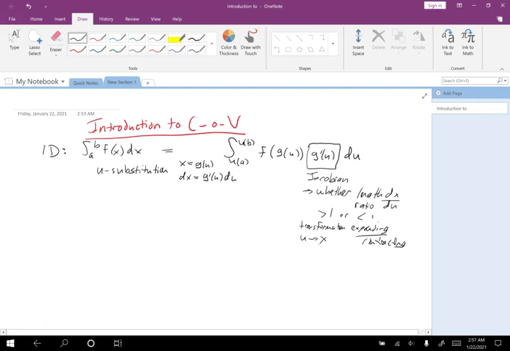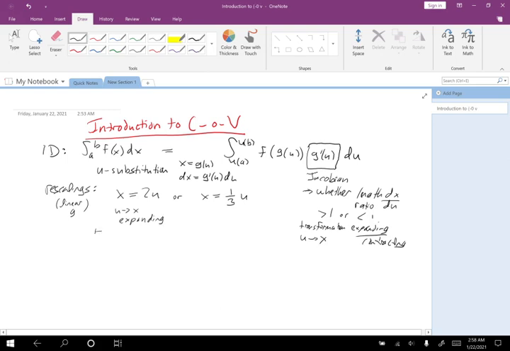So let's just do, I think the most important example by far, rescalings. And what it is, it's a linear g. So really, for example, x equals 2u, or x equals, let's say, 1/2 u. Let me just do 1/3. So in this case, the transformation u to x is expanding, right?